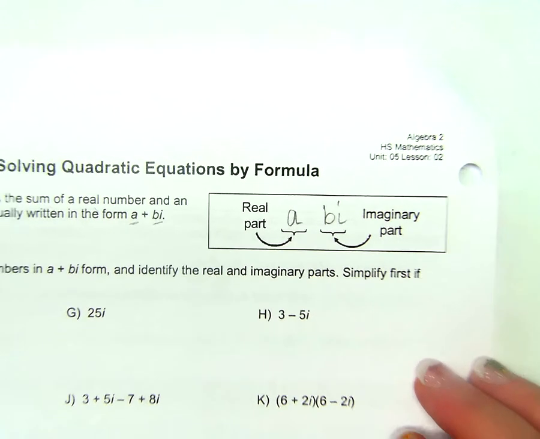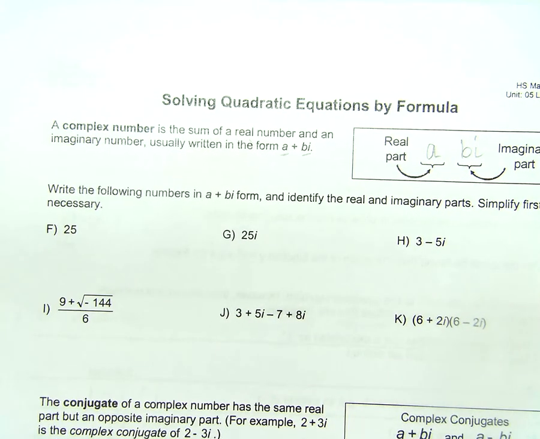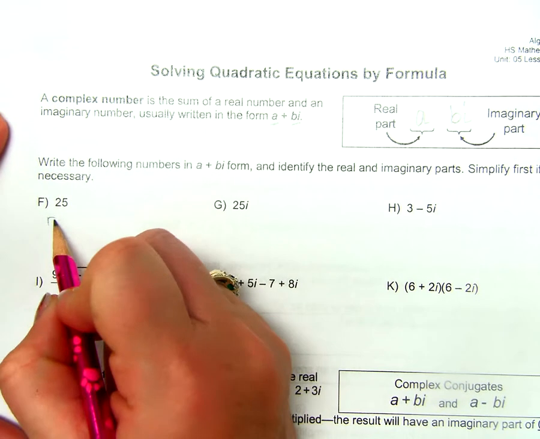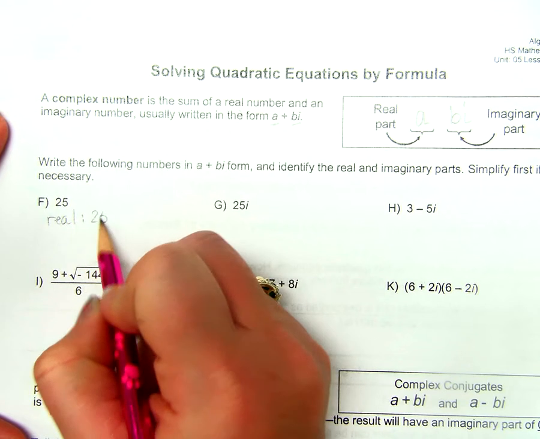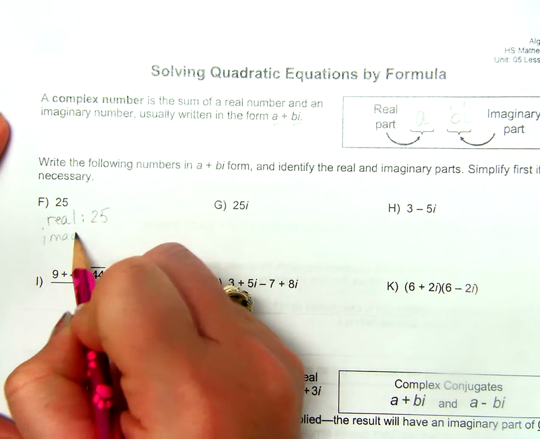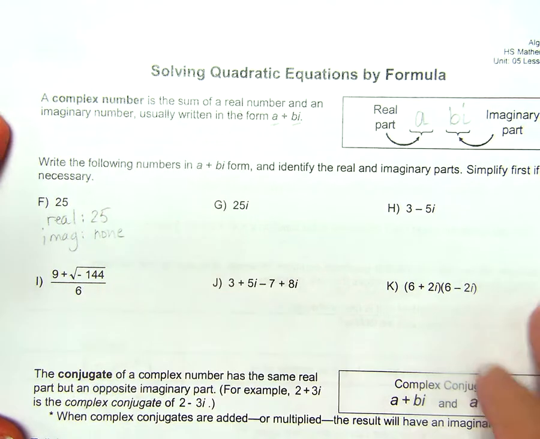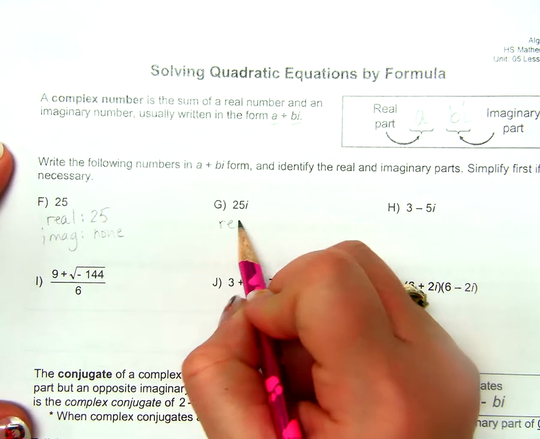So if I show you F and say, I need you to tell me the real part and the imaginary part, what are you going to say? What's the real part? 25. What's the imaginary part? There's not one, right? What about G? What's the real part?